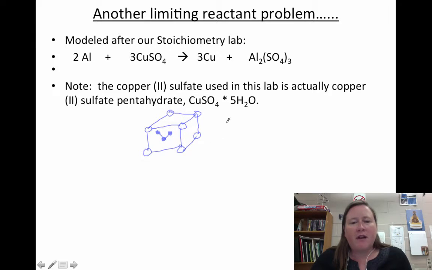So if you were a water molecule and you're stuck in this crystalline lattice, you might have kind of a frowny face because you're stuck in there and you can't get out.